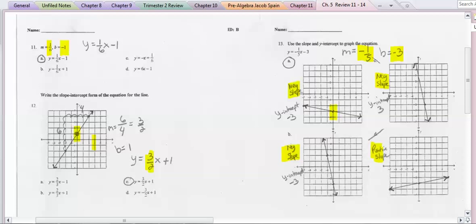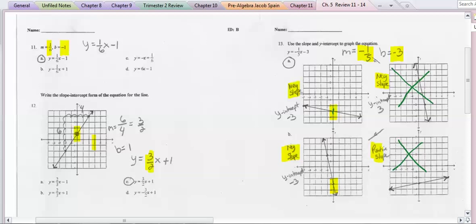Well, negative 3 is here, and negative 3 is here. It's not that one, so we're not going to use this one, nor are we going to use this one. So I have 2 choices left, and now I need to find my slope.